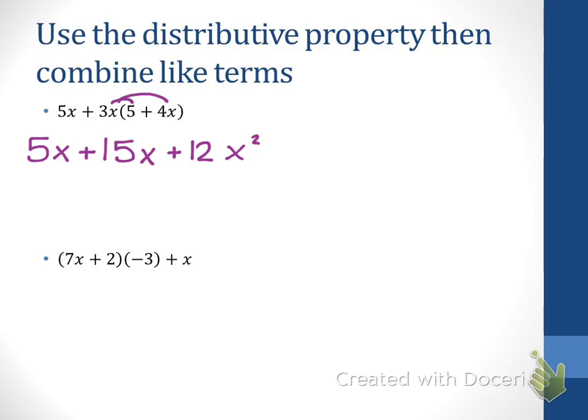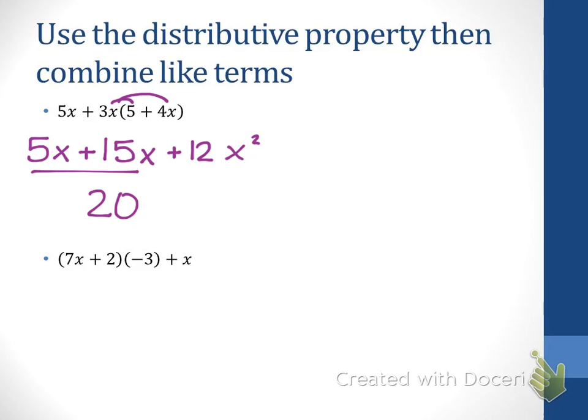Now, which of these three terms are like terms? 5x and 15x. Very good. Because why? What makes them like terms? Very good. Because they both have the same variable. They both have x. So I add the numbers. 5 and 15 is 20. And then, am I going to make this 20x squared?